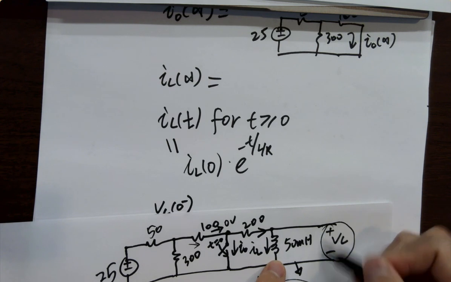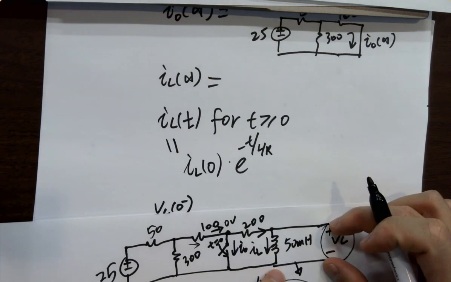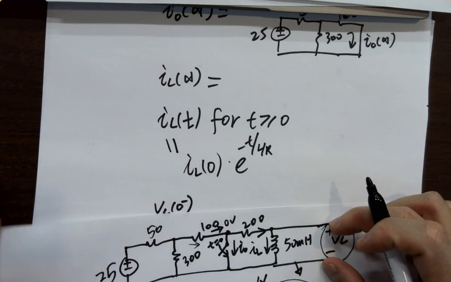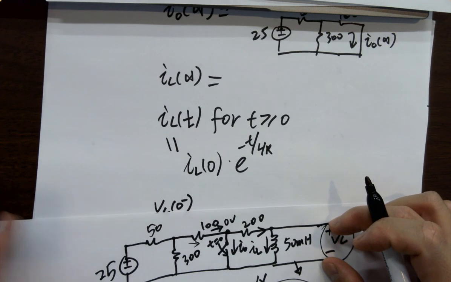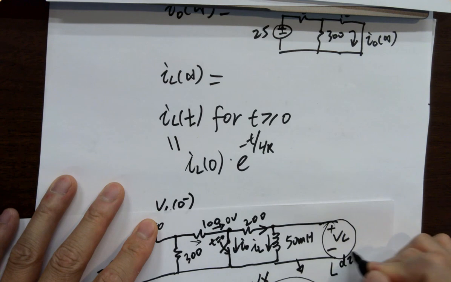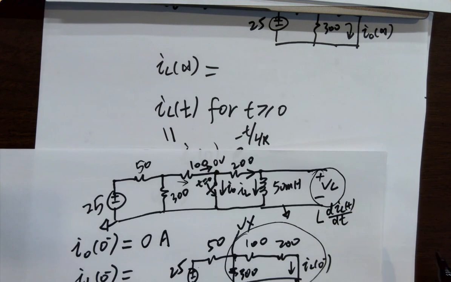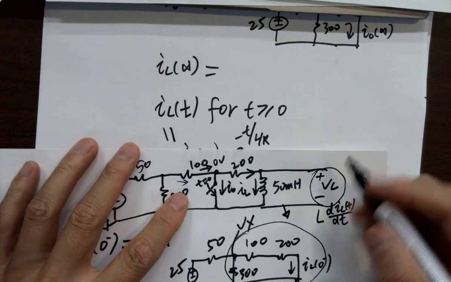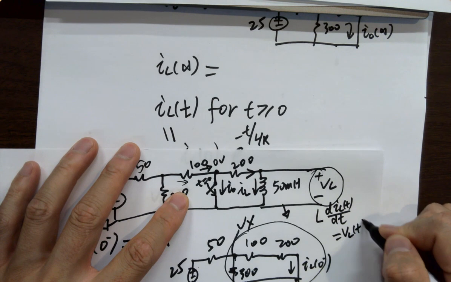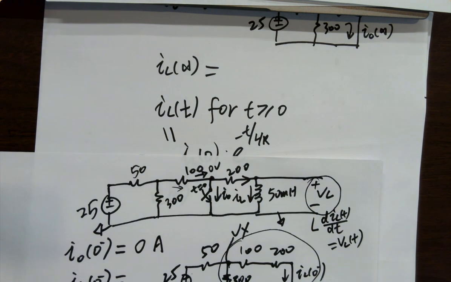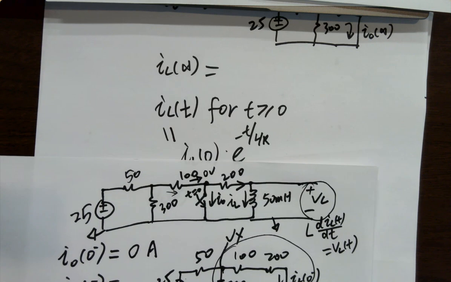Is there a voltage drop at all? Yes, because it's basically L dIL(t)/dt, right? Which is VL(t).